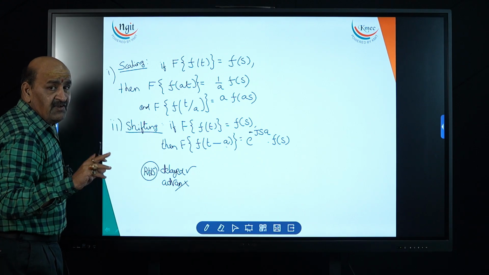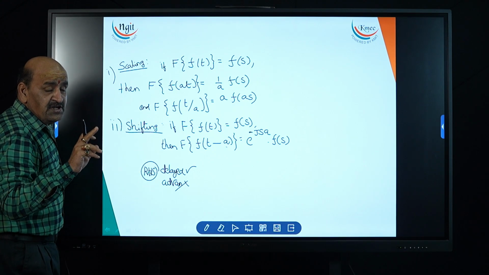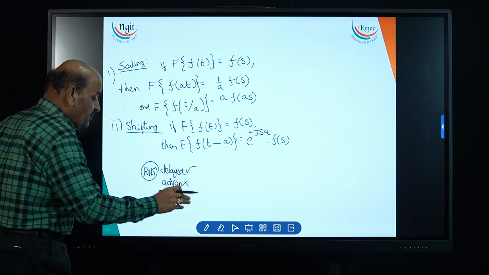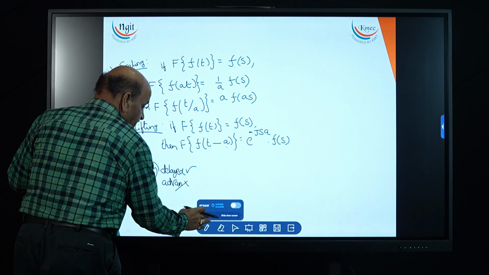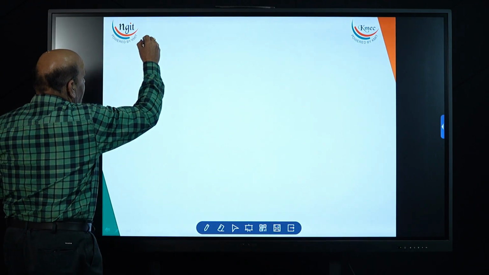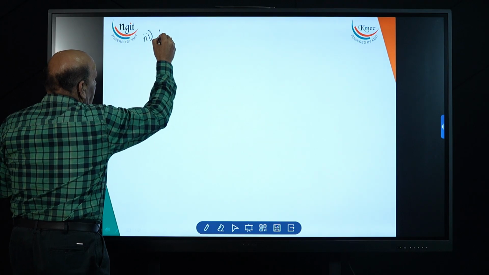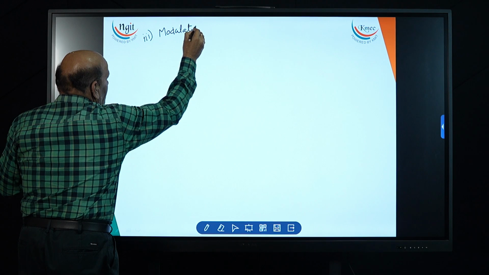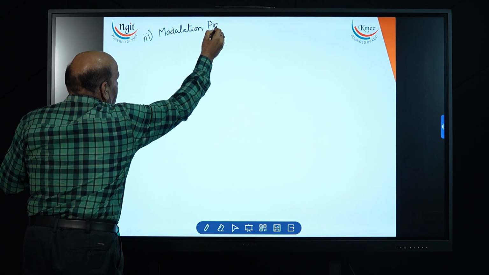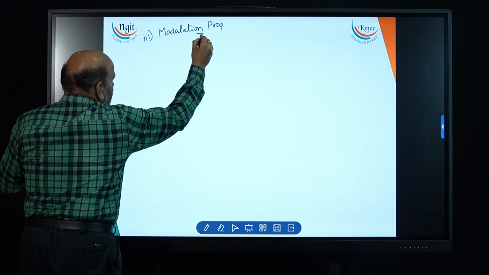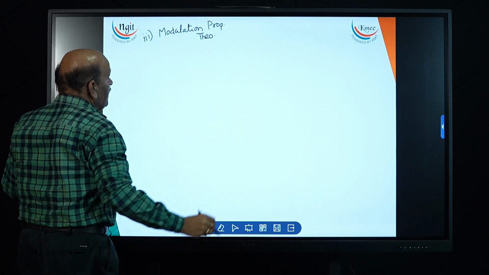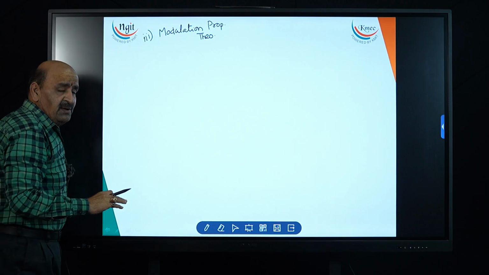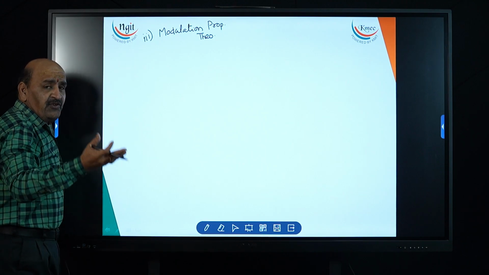Now the third and very important concept is called modulation property or modulation theorem of Fourier transforms. You can also call it a theorem. Directly they are asking, write the modulation theorem or property of Fourier transforms.